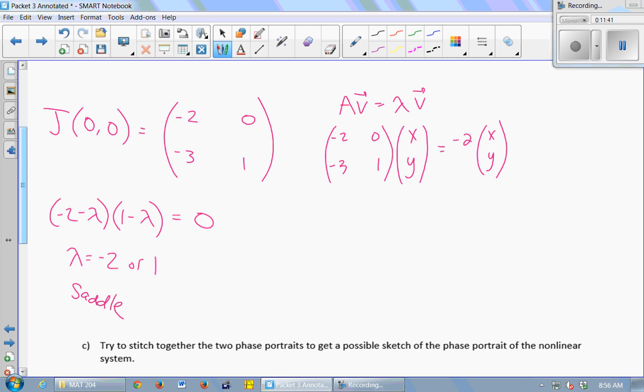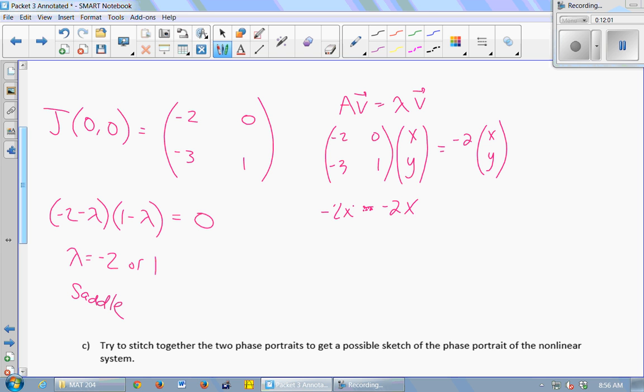So I'm just looking for any vector x, y that would make this equation true. There's an infinite number of them. So if I look at this, I do negative 2, 0 dotted with x, y, and I get negative 2x plus 0y equals negative 2x. That is true no matter what x I pick. That gives me nothing.